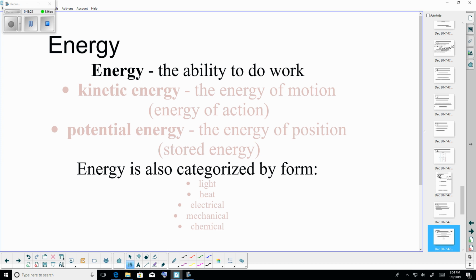So you can take mechanical energy, change it to thermal energy. You can take electrical energy, change it to light, change it to heat. You can go back and forth. But you can't create new energy, and you can't lose it. It has to go somewhere.